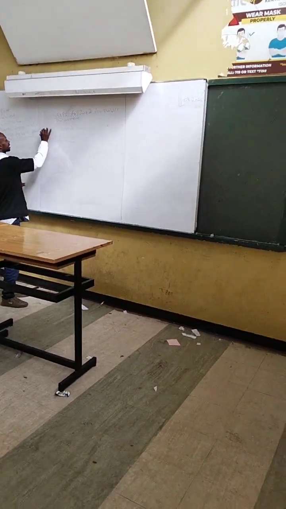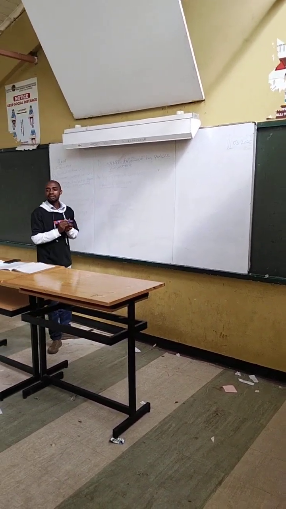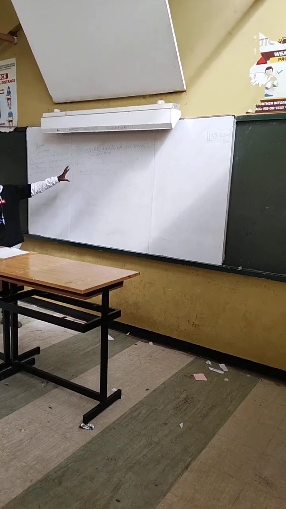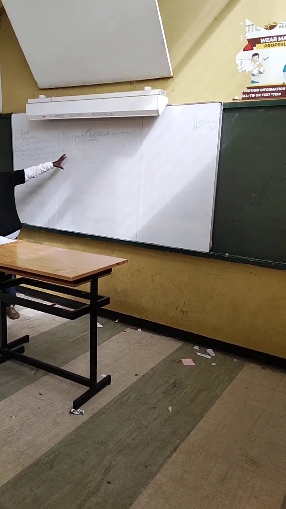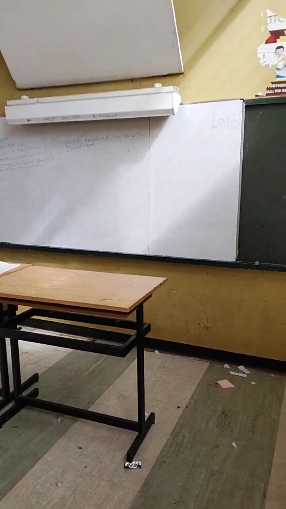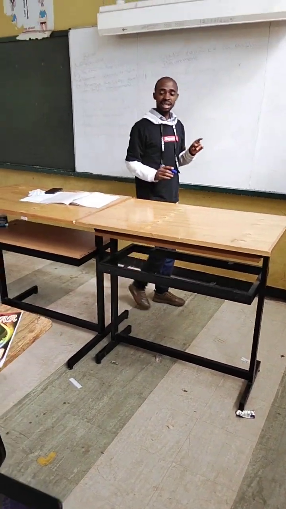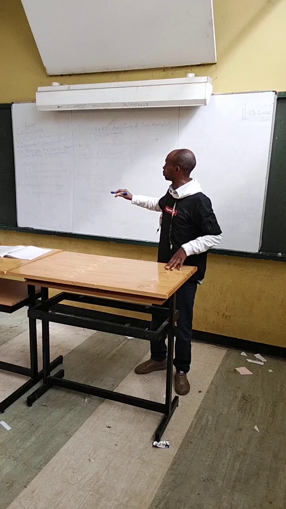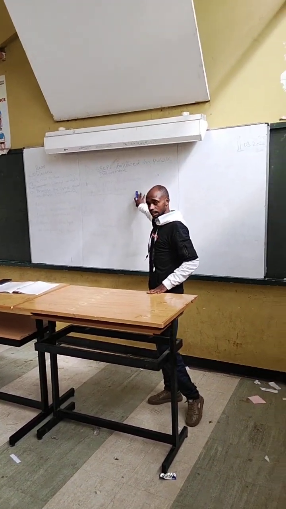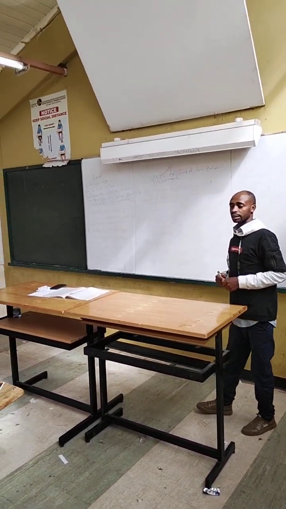We have step number 1. And remember, procurement is a process. I think you remember, we defined procurement as a process. So, a process has got what we call steps. I want us to give the steps. Number 1, yes?